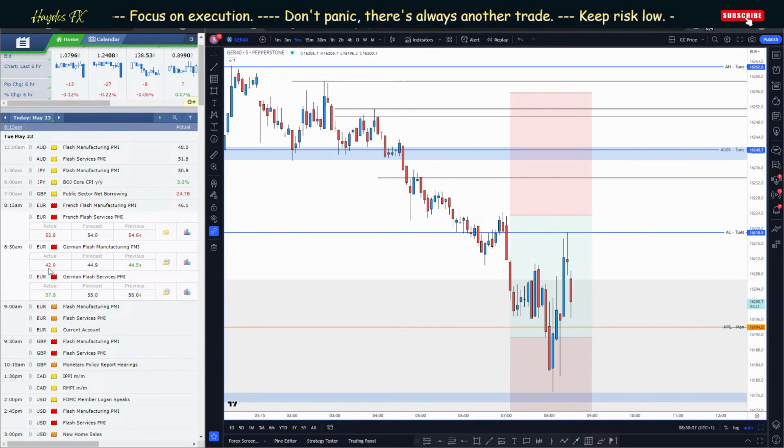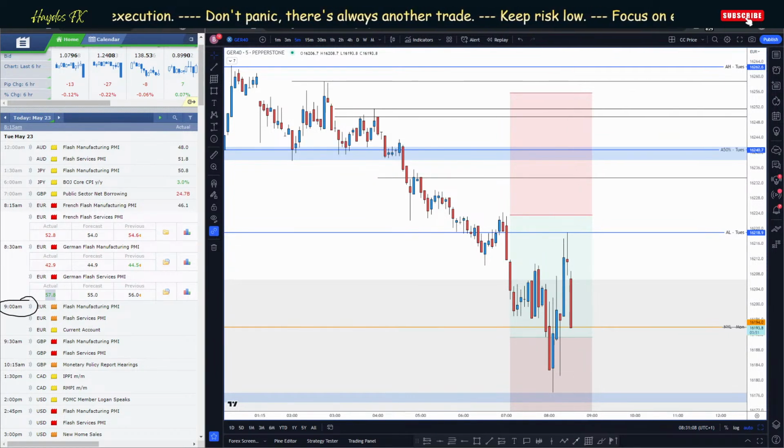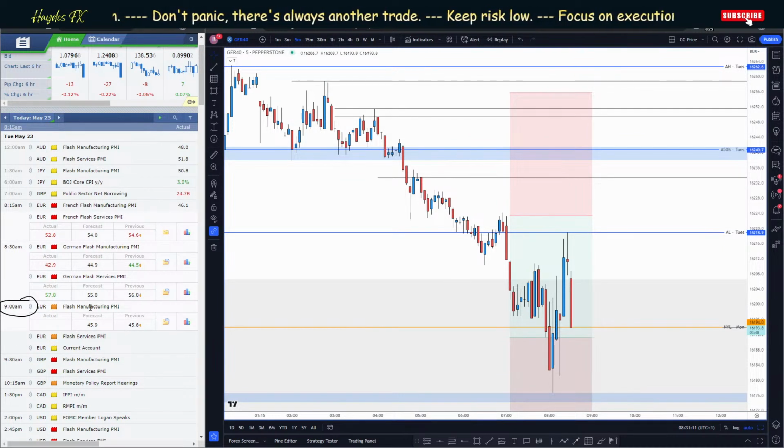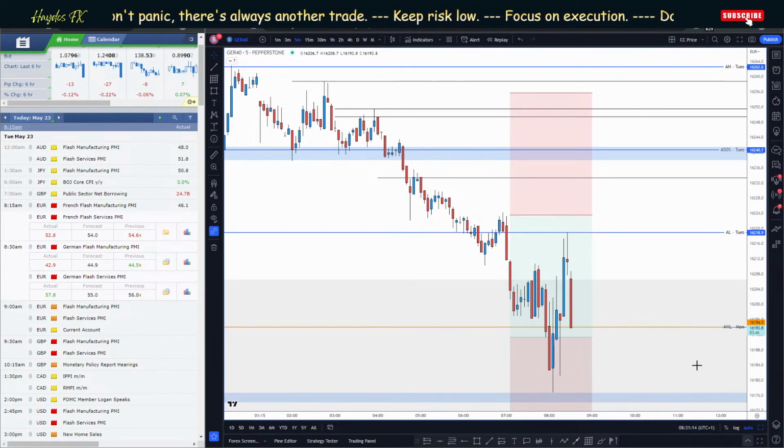So the news was bad and mixed news, damn it. It's a bit shit. Worse than expected, quite bad actually, and then better than expected for services. So maybe it'll be more of a 60 pip move, not an 80 pip or 100 pip move. But now the news is out, we do have more in 30 minutes, but let's see if we can get this move.